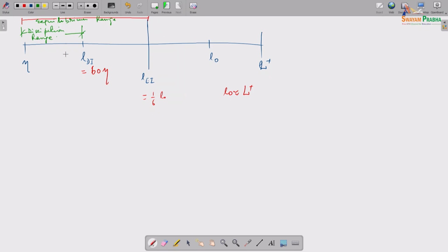This is the dissipation range, and this is the inertial subrange. And this of course is the energy containing zone.